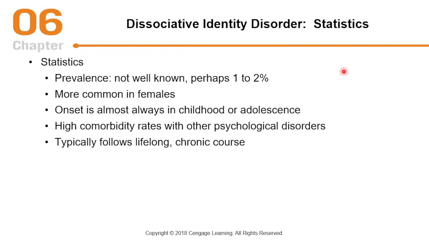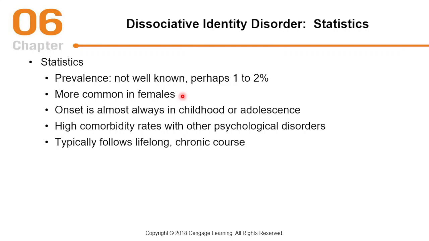Okay. Now, for the statistics, prevalence is not known. So, they have estimated it to be around 1 to 2%, and what they have seen is that it seems to be more common in females. However, this is not well established yet because, again, it's quite difficult to track.